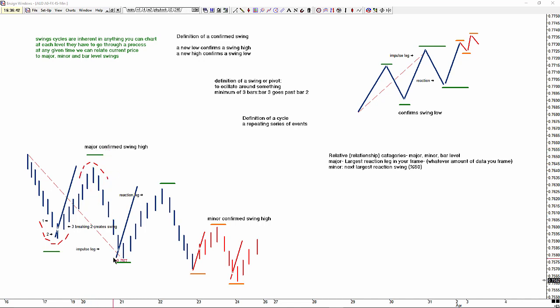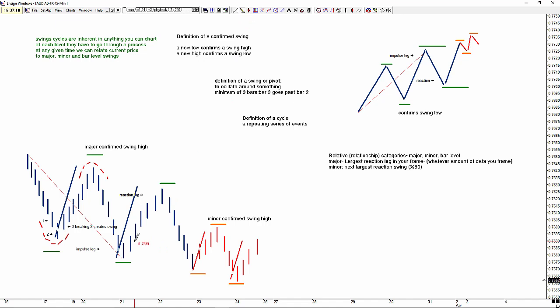Then we have the impulse leg and the reaction leg of a cycle. And all things move in waves. And then we made a further distinction in these cycles. So these are cycles and these are cycles. We made a further distinction calling them major and minor. And we're going to use the reaction leg as a measurement.